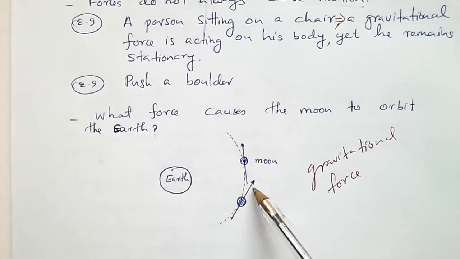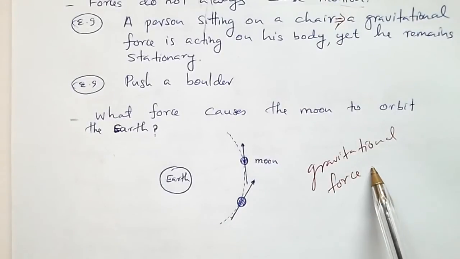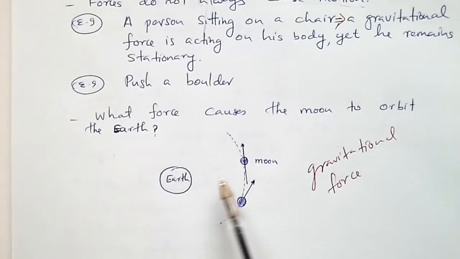You can see now the direction of the velocity vector is changing even though the magnitude doesn't change. So what is the reason behind this? This change in velocity is actually caused by the gravitational force exerted by the Earth on the Moon. That is the reason the Moon starts to move along this circular path.